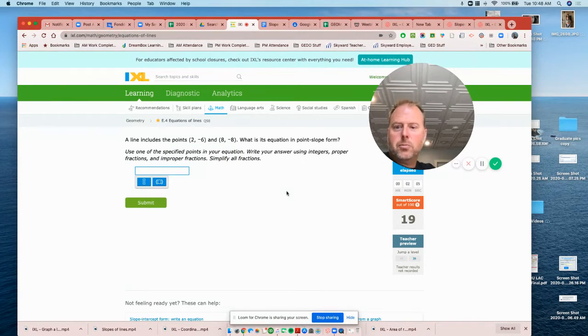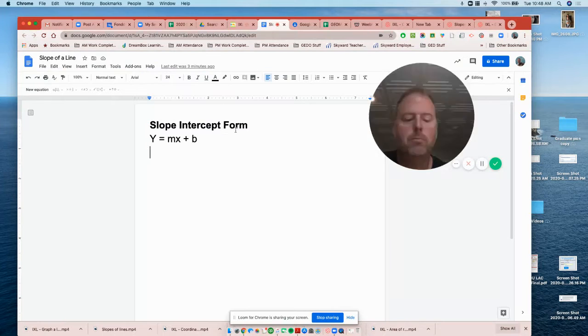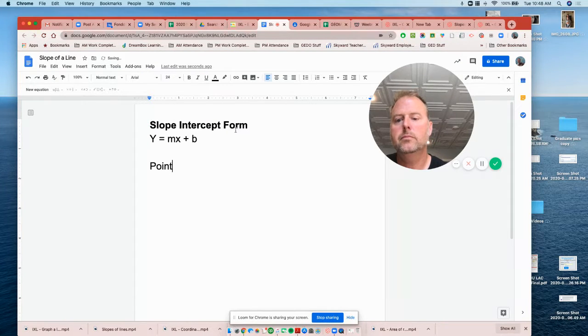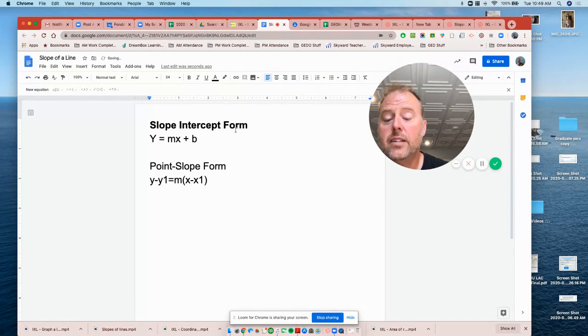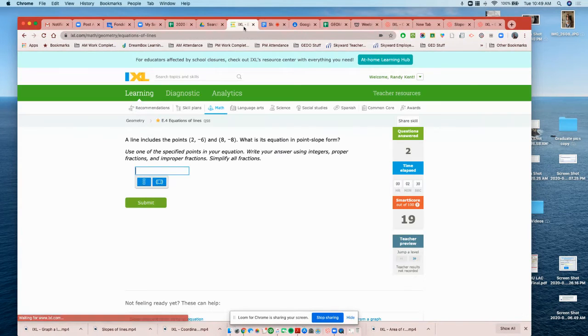A line includes the points (2, -6) and (8, -8). What's the equation in point-slope form? Point-slope form is y minus y1 is equal to m times x minus x1. I need the slope and a point.